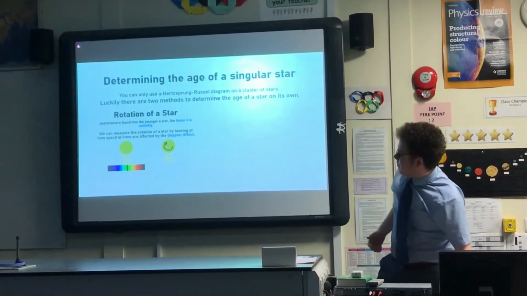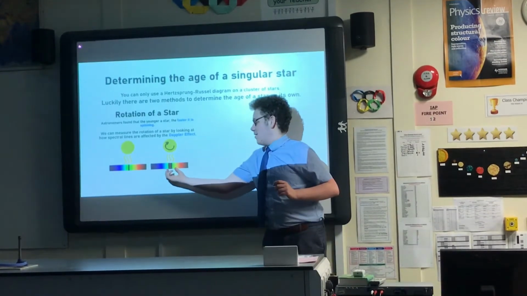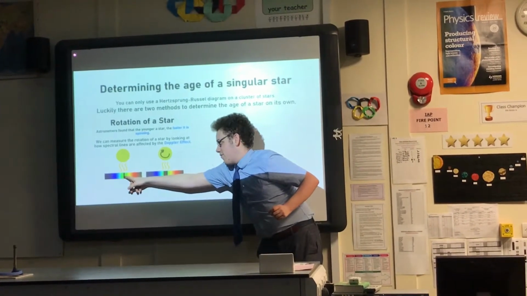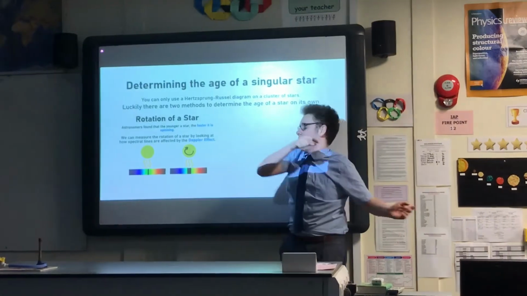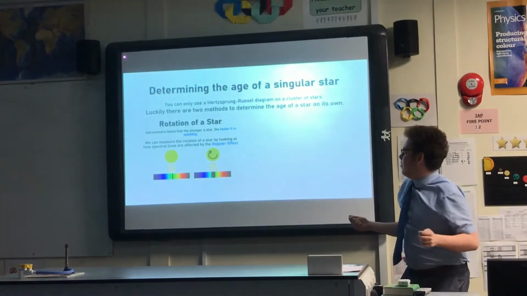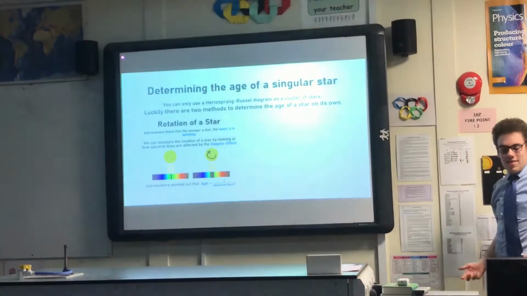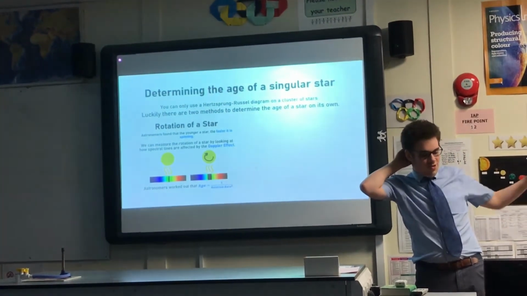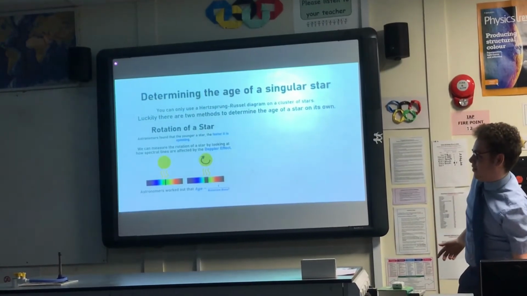If we use a similar star that's rotating, we find we're missing even more, because that missing wavelength has been red shifted and blue shifted. So we can say that star's rotating. Astronomers have worked out that the age of a star is equal to 1 over the rotation rate squared. It's a nice little formula.